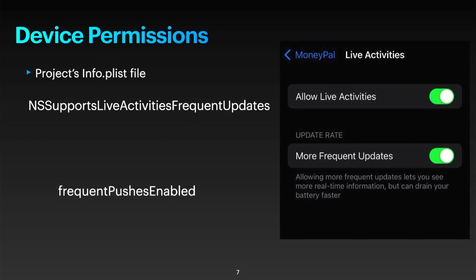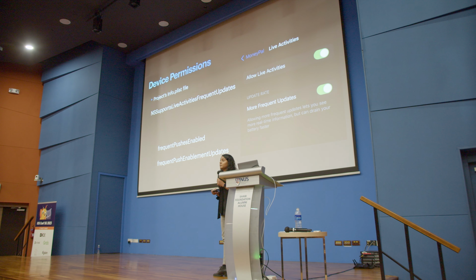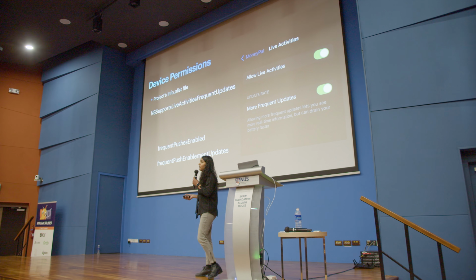So this is a synchronous API. We can also track asynchronously any authorization change for this setting using frequentPushEnablementUpdates. This is also an app level setting, so the user can disable frequent updates for our live activity from the app settings.